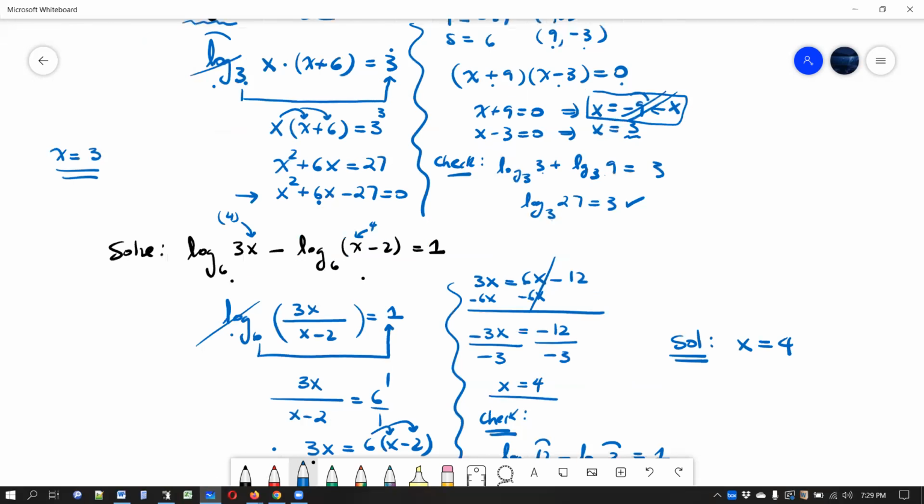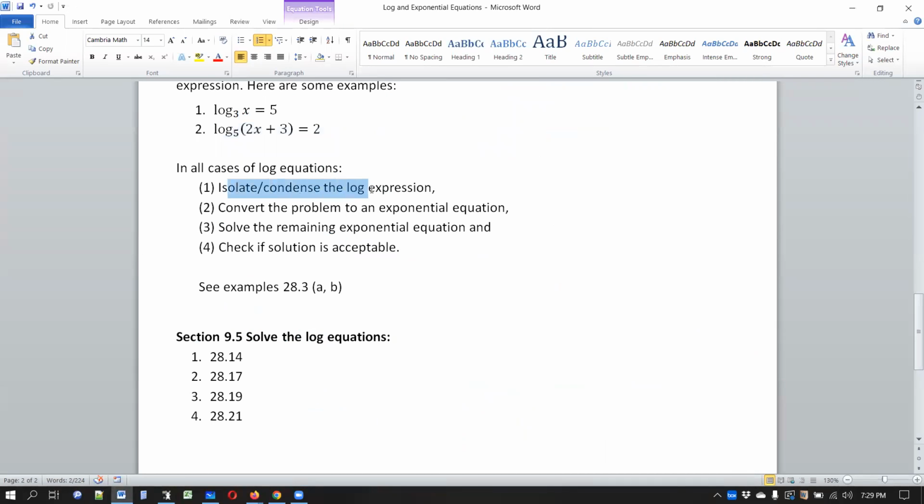In all cases, all we're going to do is isolate a condensed expression, convert the problem to an exponential equation, solve the remaining exponential equation, and do not forget to check if the solution is acceptable. We saw a case where one of the solutions needed to be removed. So this is important here as well.